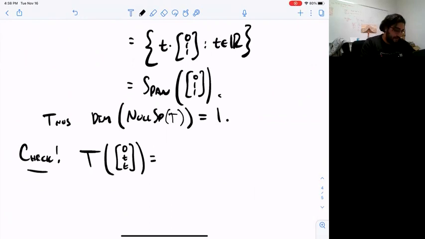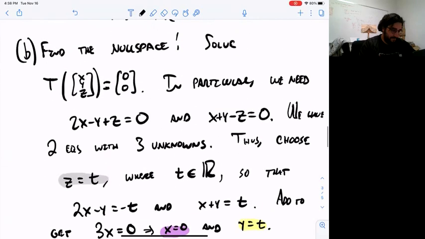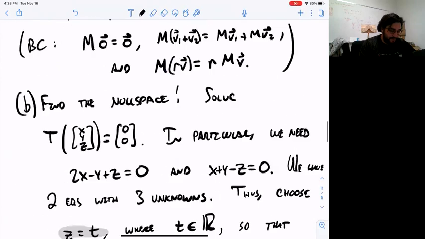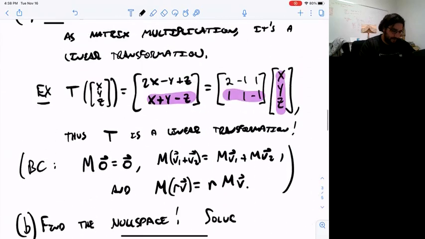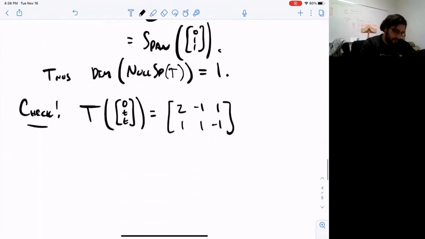So what would this be? This is this map, let's see, what was it? 2, minus 1, 1, and then 1, 1, minus 1 was our matrix, yes. And then this with x, y, z is, well, sorry, but the x, y, z now is 0, t, t, right?